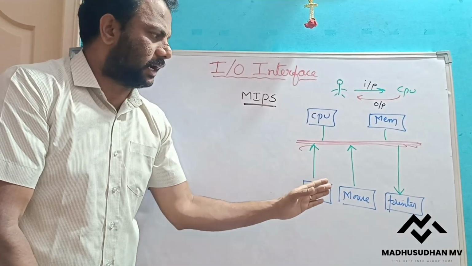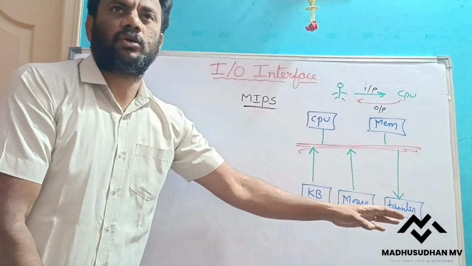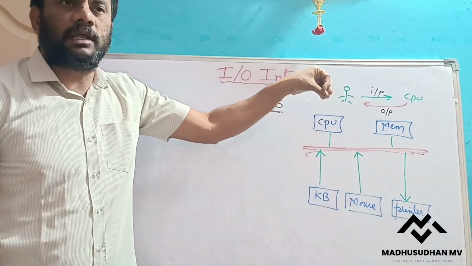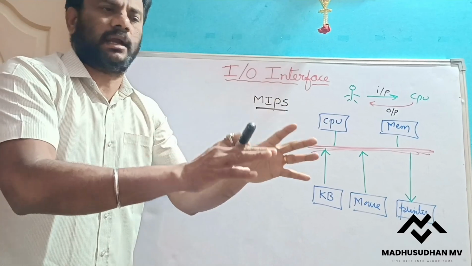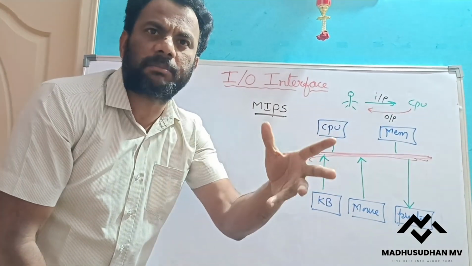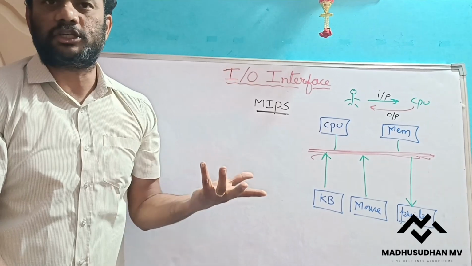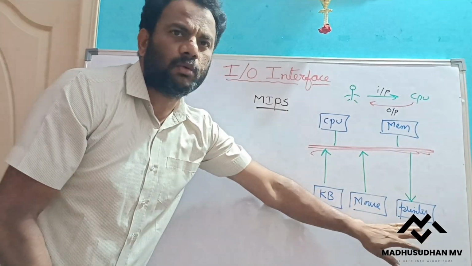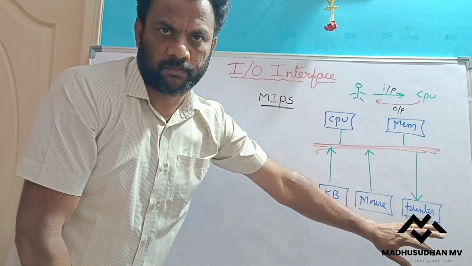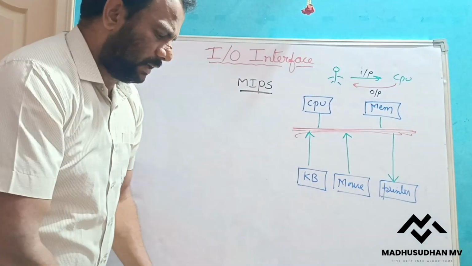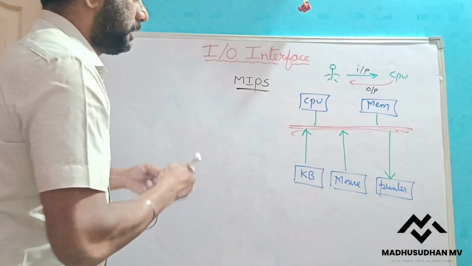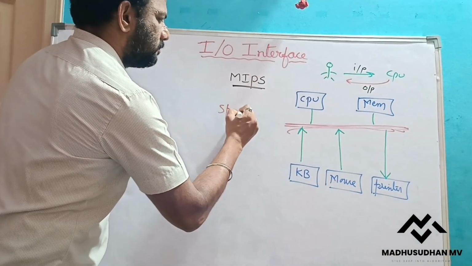Similarly, take a printer. Assume the CPU is giving lakhs of data in 1 second. Can the printer print that fast? No. In 1 second it can print 1 sheet or 2 sheets, or let us say 10 sheets. That's it. So our I/O devices are slow. That means there is a speed difference between the processor and the I/O devices.